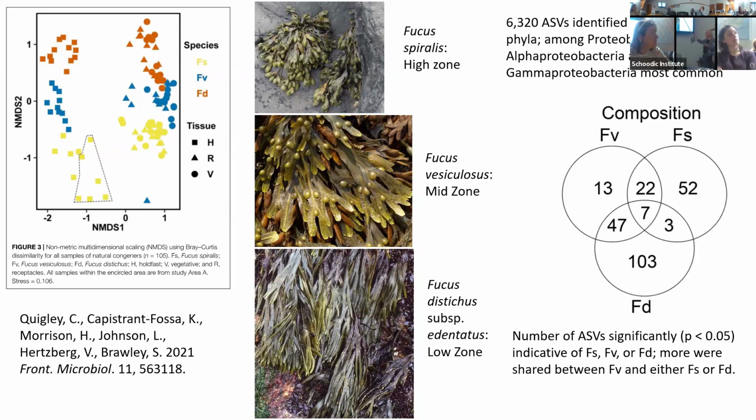And so Fucus spiralis is the smallest, and it is in the upper part of the intertidal zone. And these sort of bulbous ends are called receptacles. It's where the gametes form. This is Fucus vesiculosus in the middle zone, and it has a very broad zone on our shores.